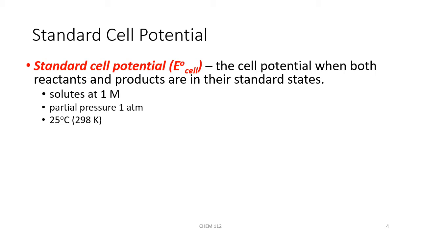So standard cell potential, which is now denoted as E cell with that little superscript naught, is saying we are at a standard state here. So the reactants and the products are all at their standard state. Specifically, our solutes are at a 1 molar concentration. If we had any gases involved, their partial pressures would be specifically 1 atmosphere. And our temperature is 25 degrees Celsius.